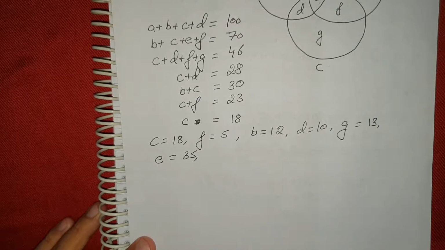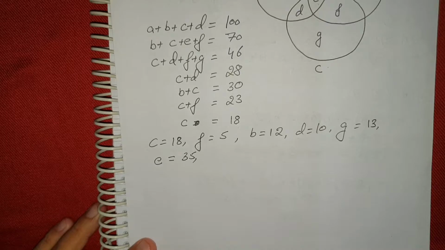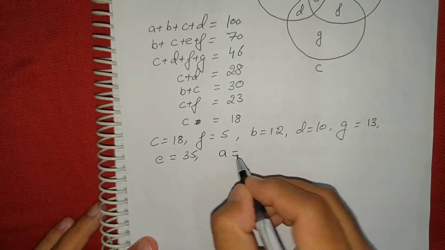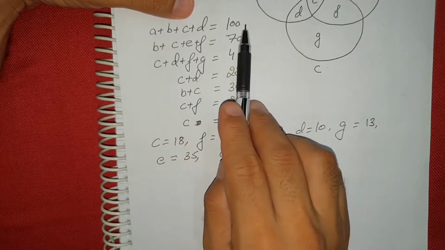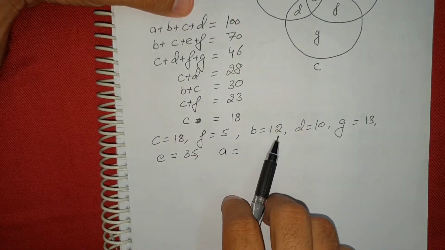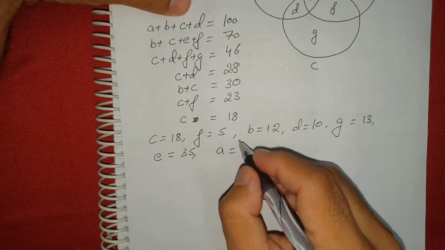Then what is left is A. A you will get is 100 minus (B plus C plus D), so 100 minus (12 plus 18 plus 10). A comes out to be 60.